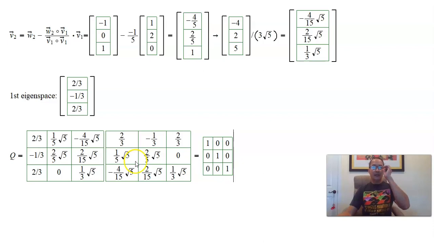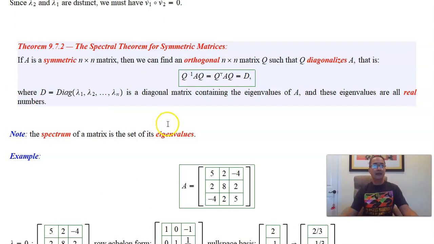So what did the spectral theorem say? Let's go back over here. This is the sandwich that we have to make: Q transpose on the left, A is the bologna in the middle, and Q is on the right. If we expand that out, we should get 0, 9, 9.